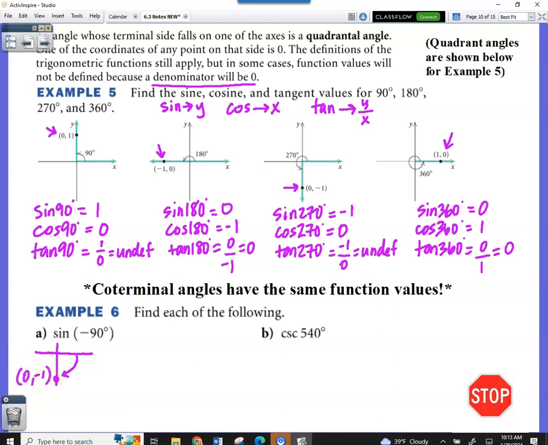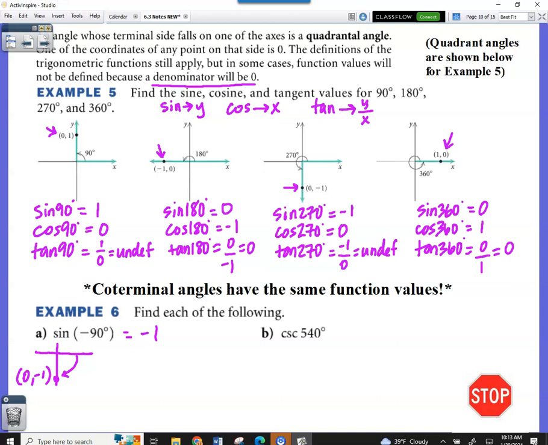That would be the coordinates of that point. So now sine tells me to pull which one? Negative 1, the y coordinate. If you had done 270, then you would have still landed here. You'd still have 0, negative 1. You'd still have negative 1 as your answer.